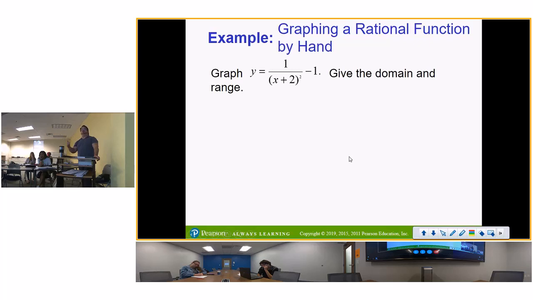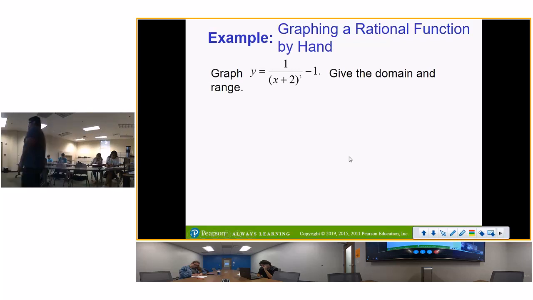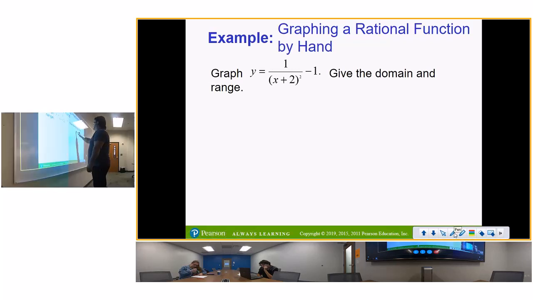So we got a horizontal shift of 2 to the what? Left. And a vertical shift of 1 what? So sketch it. And we know it's going to look like a what? Not a half volcano, but a volcano, because it's a squared function. Right. And hopefully you feel good about yourself.